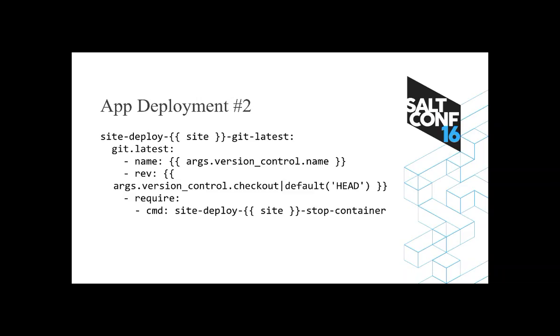And of course, because Salt is a requisite execution engine, I guess, we're simply requiring that before the deployment of code occurs, we stop the container so the mount points are available on those servers that are being updated.